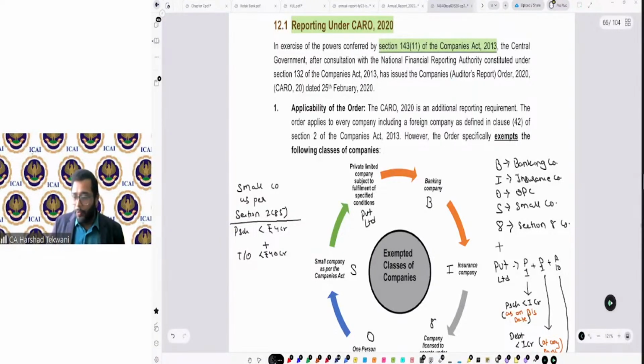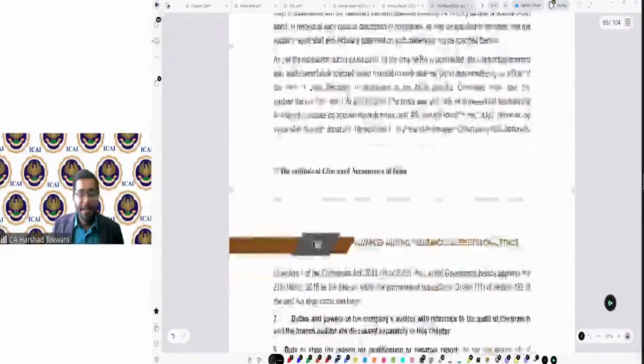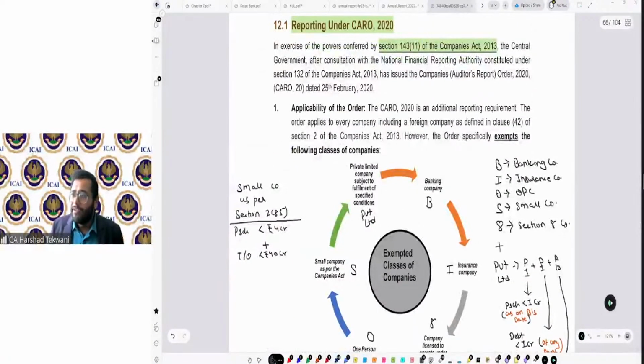So there is one doubt, 143.13 again. 143.13 is a kind of protection or safeguard section for the auditor. If the auditor is reporting any matter of fraud, and that is done in good faith, then the company cannot say that the auditor has contravened any duty or provision of the Act.